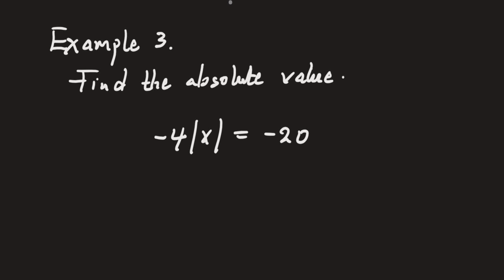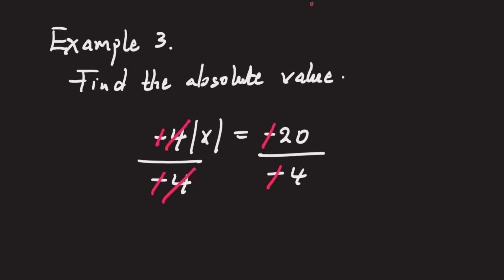The first thing we are going to do is to get rid of negative 4 by simply dividing both sides by negative 4. Negative is going to cancel negative from here, and 4 would cancel 4 from here. Also, negative is going to cancel negative from here. 4 divided by 4 is 1. 20 divided by 4 is 5.